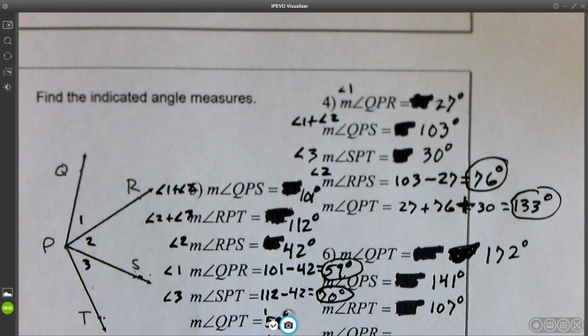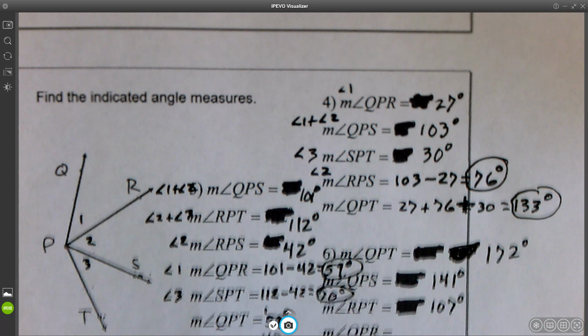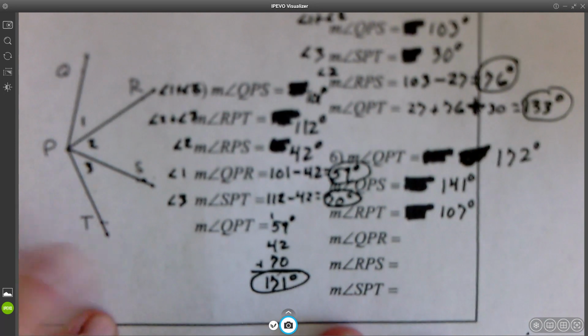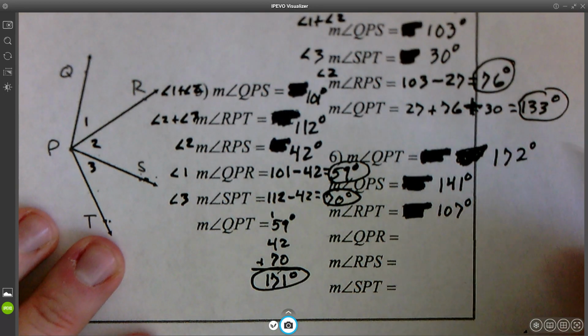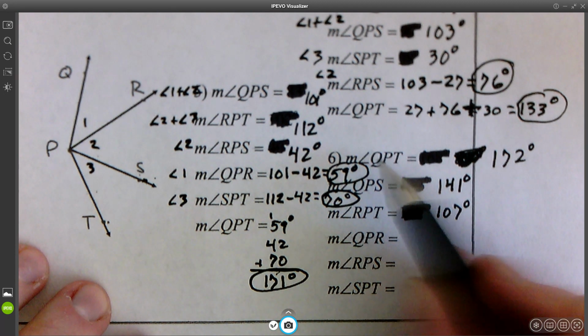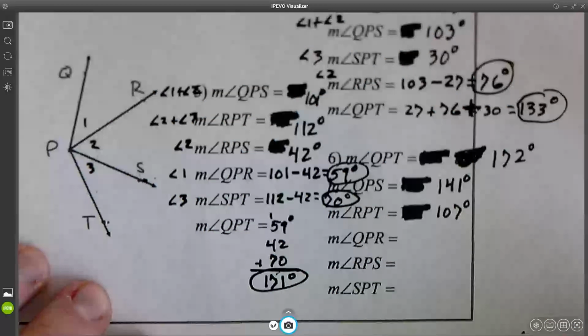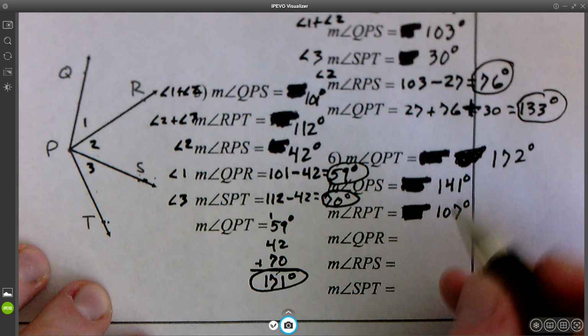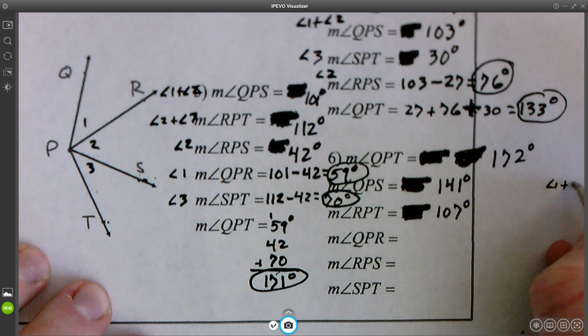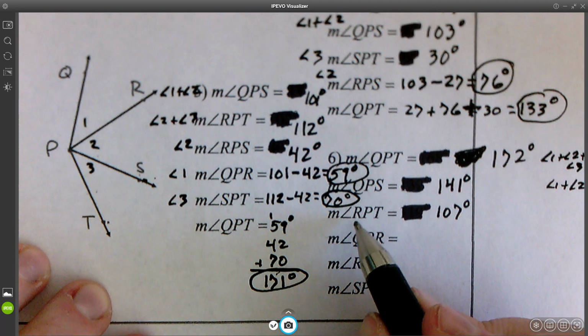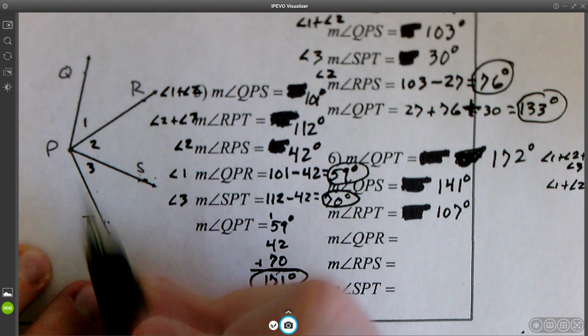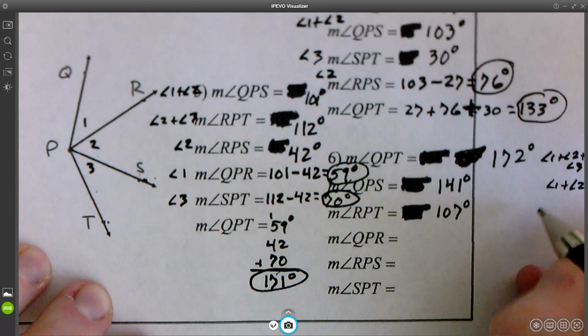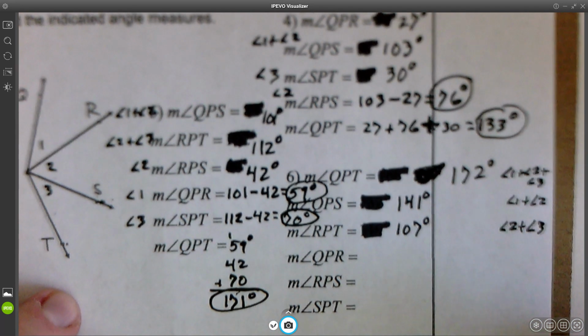Okay, last one for the assignment. QPT, so the whole thing is 172. QPS, so this is angle 1 plus angle 2. Angle 1 plus angle 2 plus angle 3. RPT gives us 2 and 3, so this is angle 2 plus angle 3. QPR, so we've got to figure out angle 1.